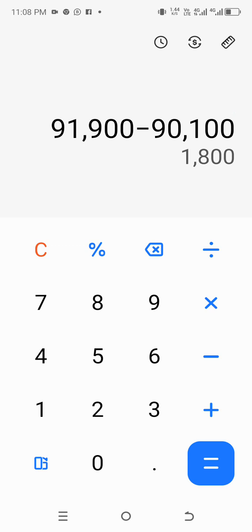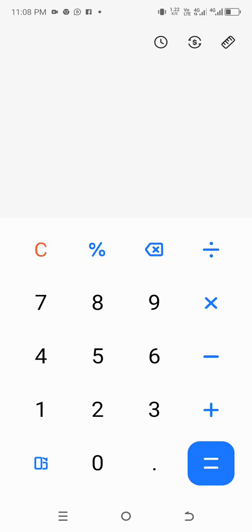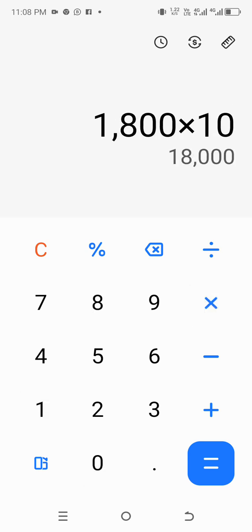Imagine you do this 10 times, 1,800 times 10, that's 18,000 naira. Wow. Just within an hour you can get this done and make a lot of profit.